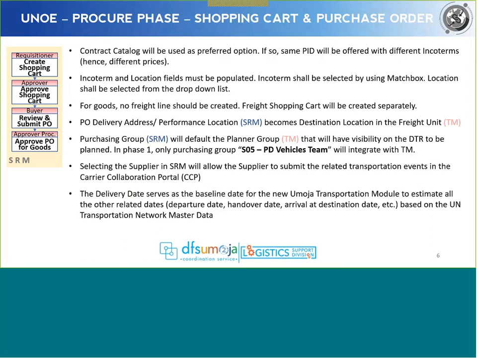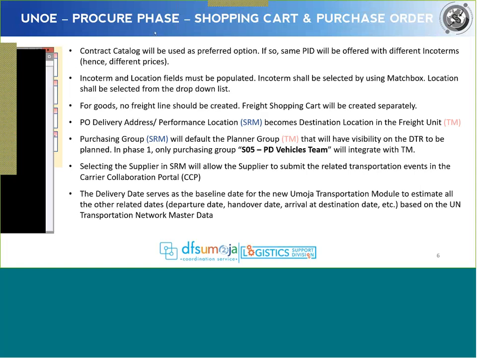Okay, so let me just look for the training environment. And at any point, if something doesn't seem clear, just let me know. But right now, all I'm doing is just going into SRM, and I'm going to log in so we can take a look at this shopping cart and what would be the important aspects of a requisitioner filling in before we actually create a shopping cart.